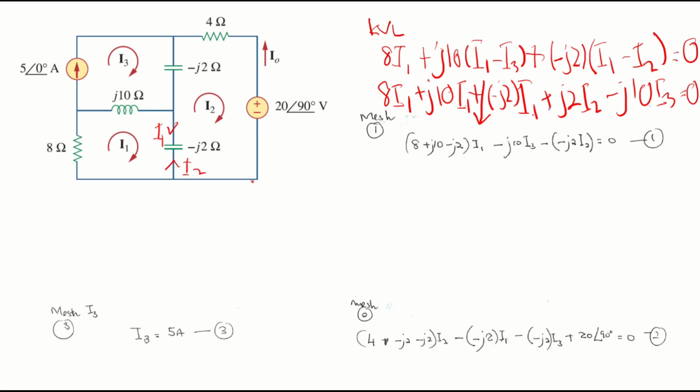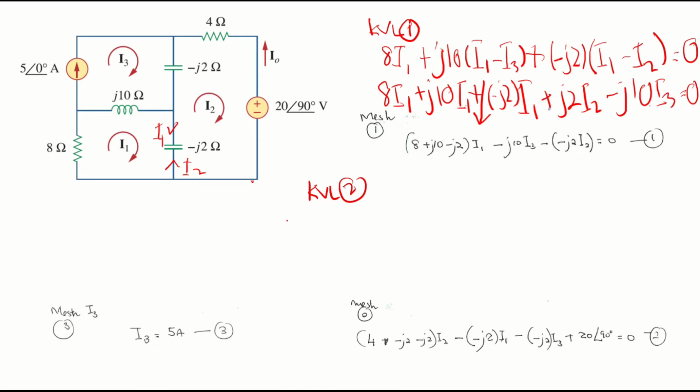Okay, hope you understand. So let's do another example for mesh 2, which is over here. KVL mesh 2, number 2, this is number 1.